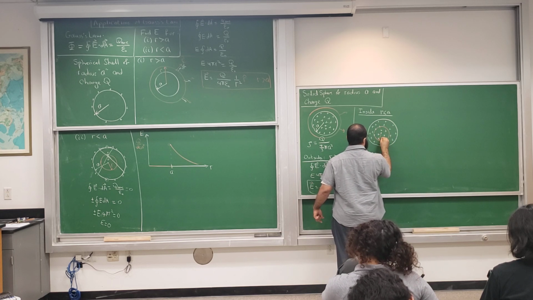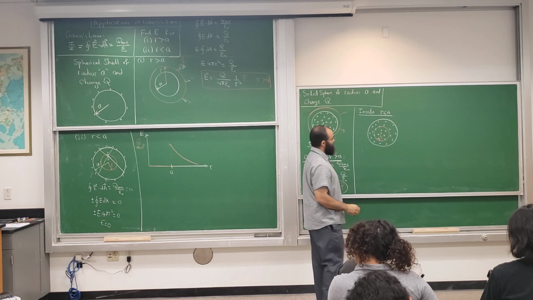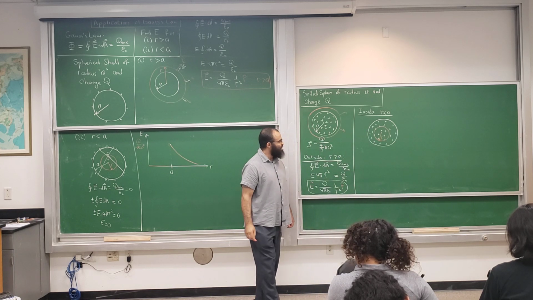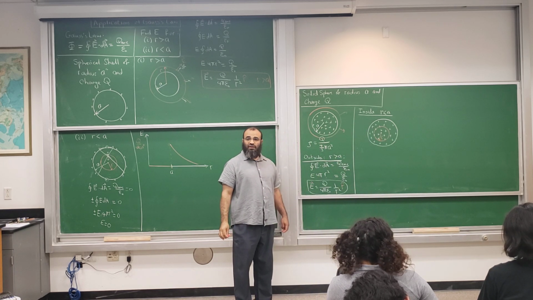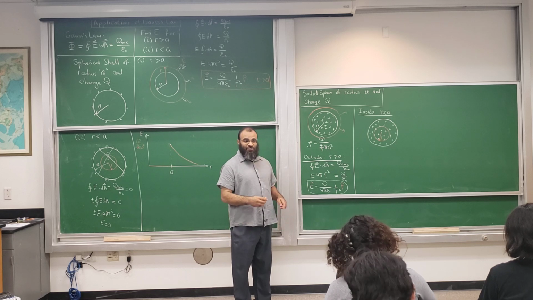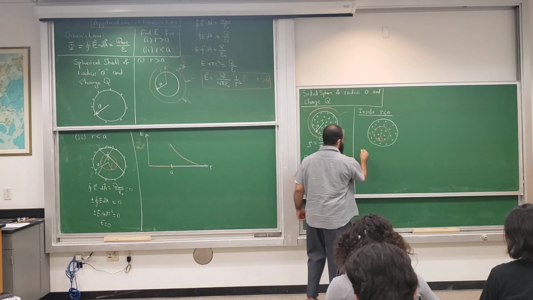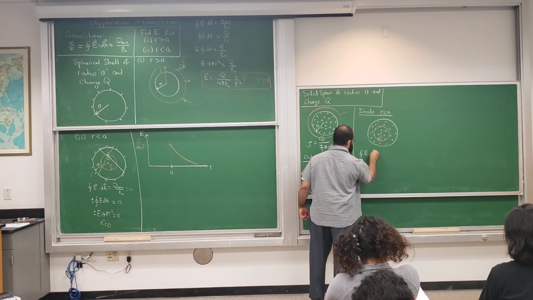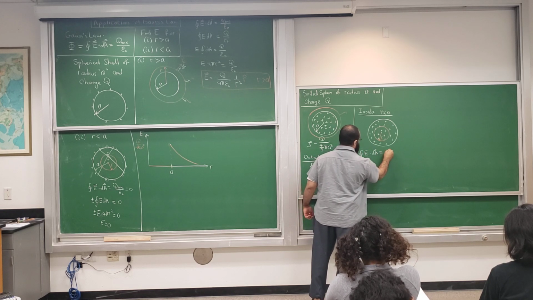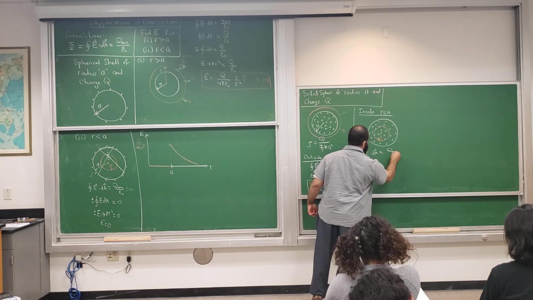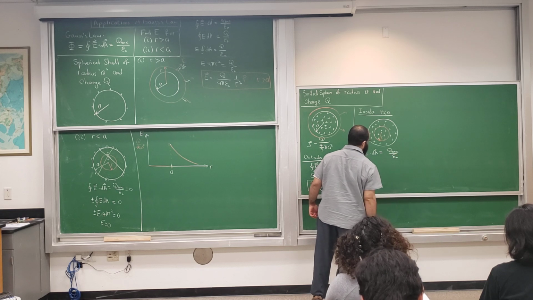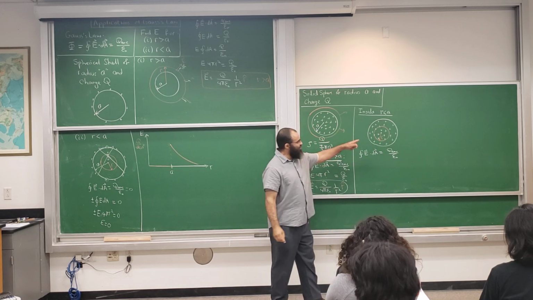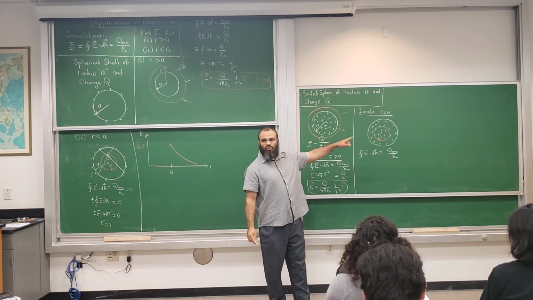We have radius R. Let's go step by step. The integral of E dot dA is equal to Q enclosed over epsilon naught. Now, am I enclosing the whole charge or part of it?